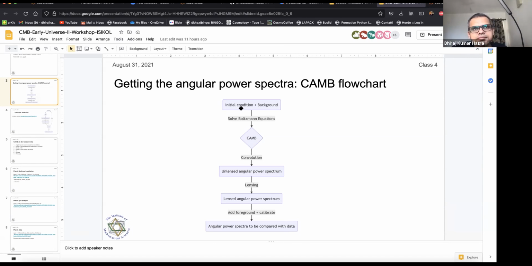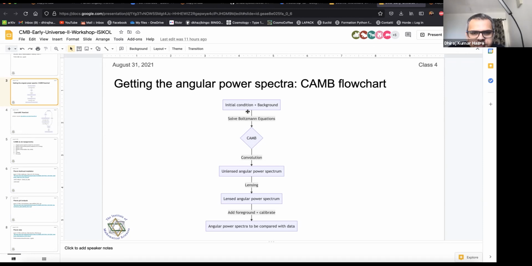If you have a tilt, then you express it with two parameters. The tilt is called the scalar spectral index. The amplitude is denoted by A_s and the tilt is denoted by n_s. And we have already discussed the n_s constraints.